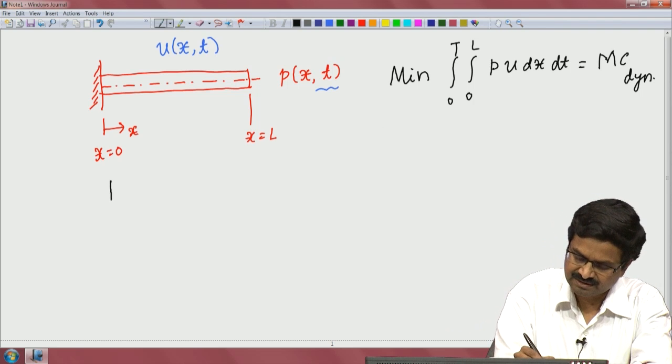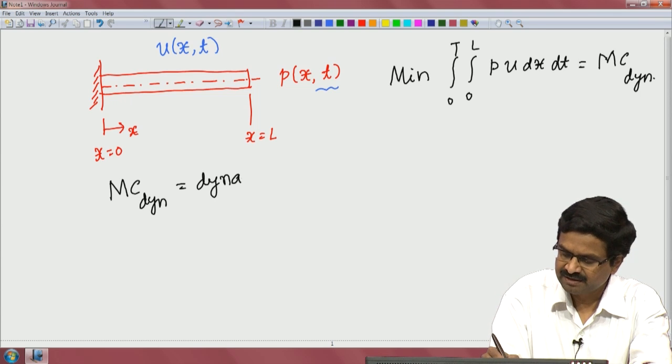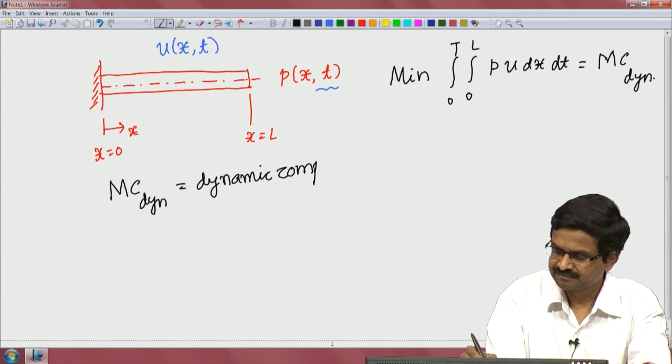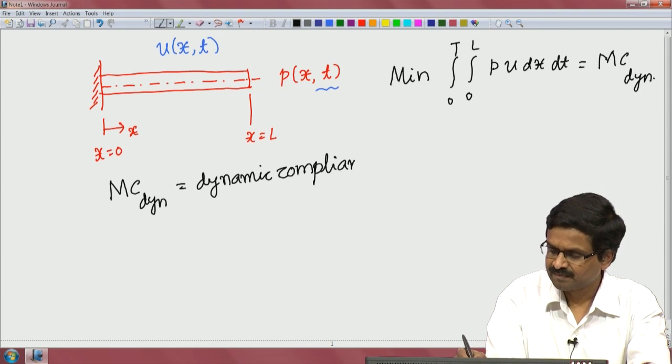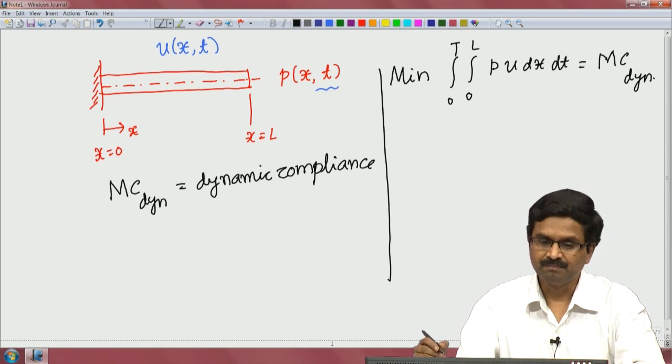What we would like to minimize, MC dyn, is what we call dynamic compliance. Okay. We want to minimize this.